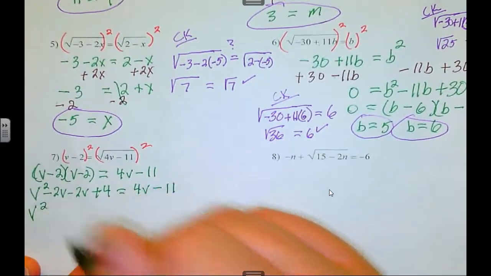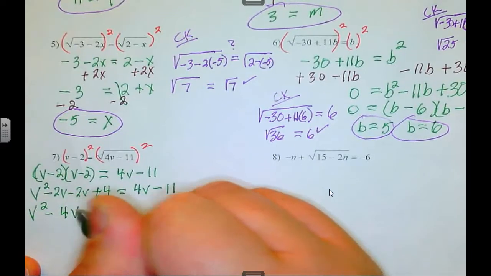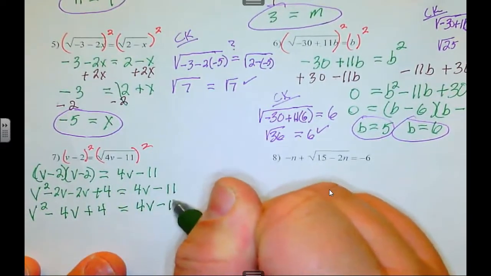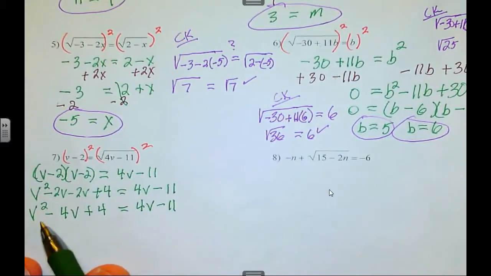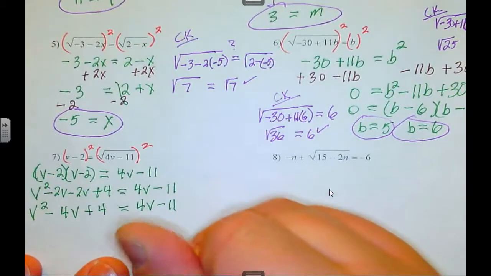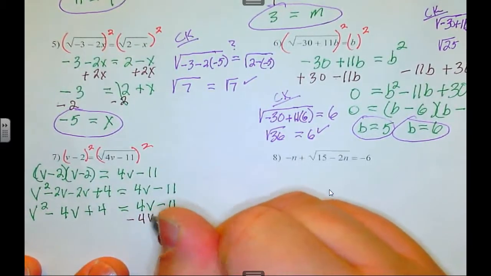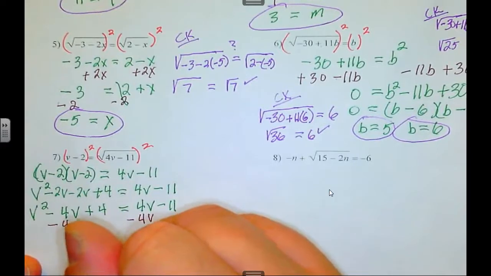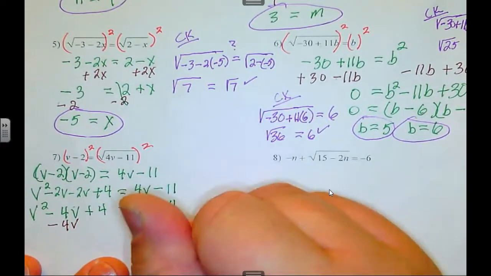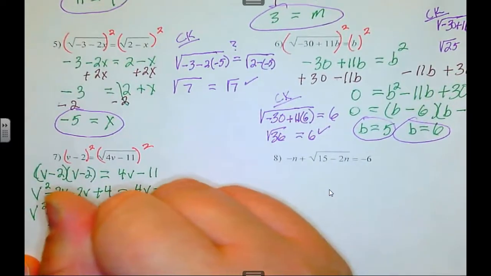So b squared minus 4b plus 4 equals 4b minus 11. I have a quadratic, so I have to get 0 on one side, so I'm going to subtract 4b. Be careful, line up your proper terms. And I'm going to add 11.